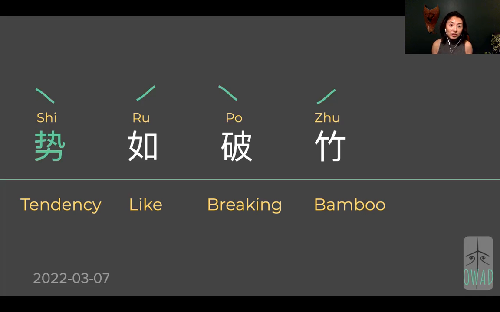And people use this breaking bamboo, meaning ground-breaking bamboo shoot, to mean something that takes a while to grow to a certain point. Once it's ground-breaking, that's the threshold, it becomes visible. Probably below ground it's growing fast as well, we just don't know. But once it's visible, the tendency of that bamboo growing is so fast and impressive. It's probably one of the fastest growing things on the planet. So a tendency like breaking bamboo means something is happening and happening really fast.